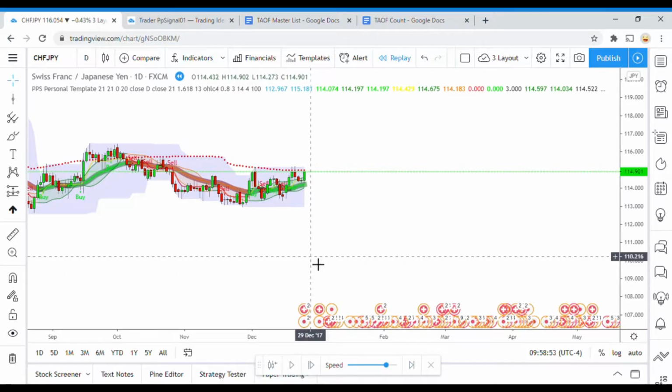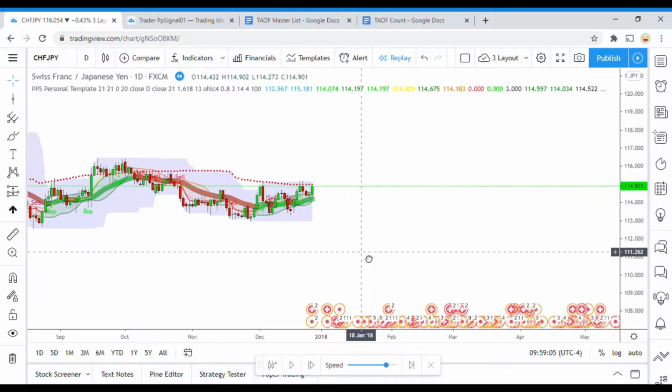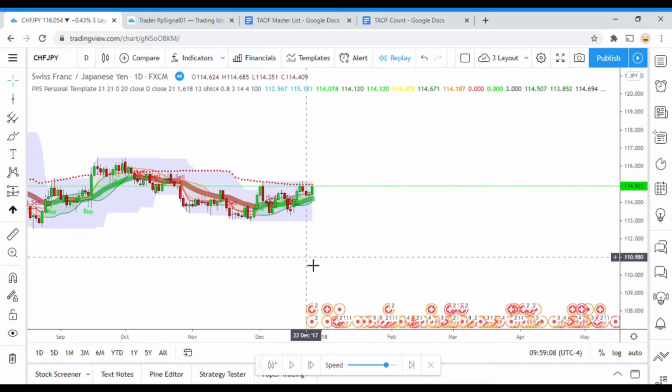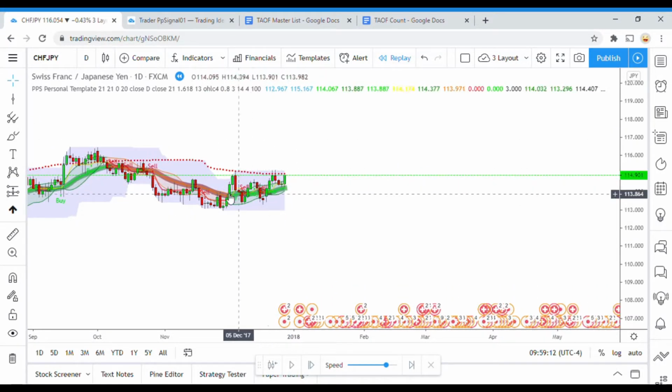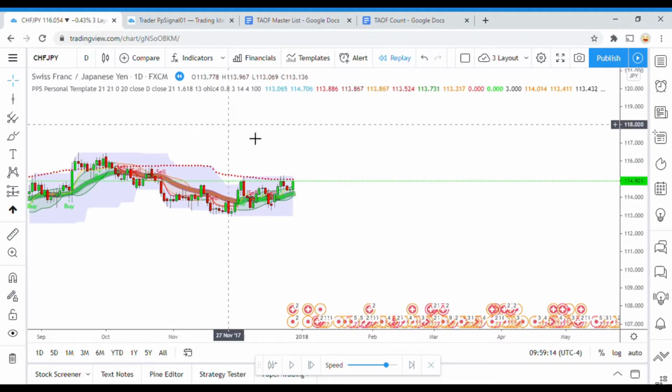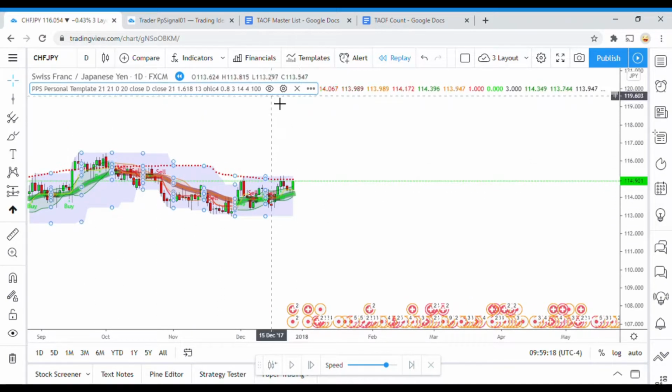I don't know if they're one and the same as far as what they calculate. I don't think so, because like I said, it looked quite a bit different. But nonetheless, this was the one that I found that gave signals. So I apologize if this isn't the one you were referring to, but this is the only one that I could find that had signals built into it. So this is the one we're gonna test today.